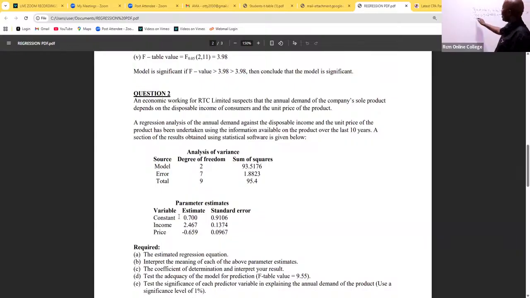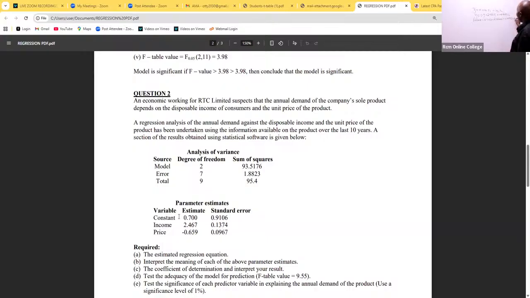If you wish, you can say income equals 0.7 plus 2.467 x1, where the x1 variable itself is income, minus 0.659 x2, where x2 is price.